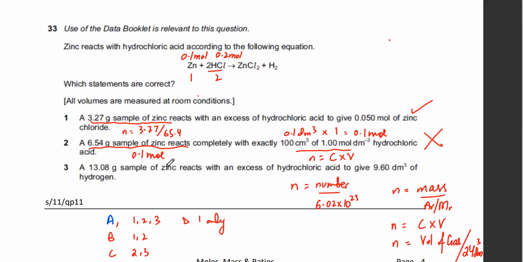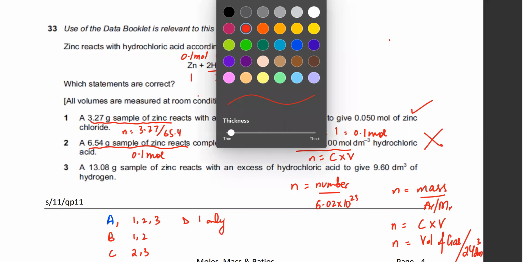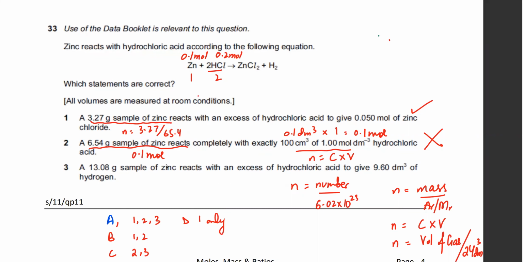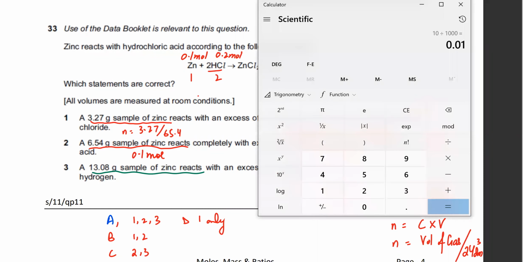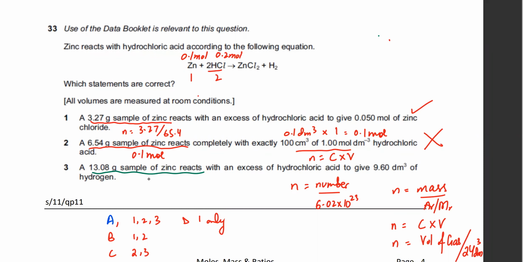And in the last one, he's saying that there is 13.08 grams of zinc. So how many moles is that? We'll quickly find the moles. 0.2 moles. So in the third statement, I've got 0.2 moles of this.